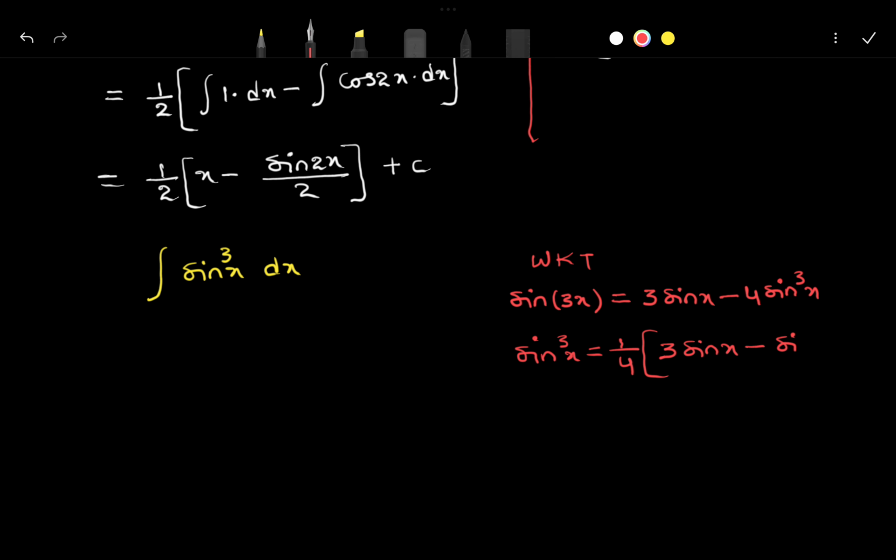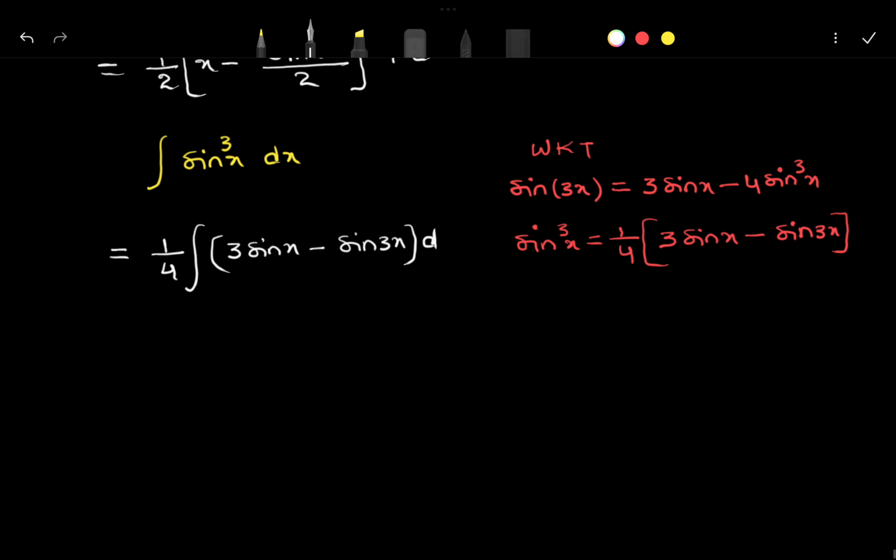Now substitute this value in the given integral. So if you substitute this, that is equal to 1 by 4 into integration of 3 into sin x into dx minus sin 3x into dx. Now you tell me, what is the integration of sin x?